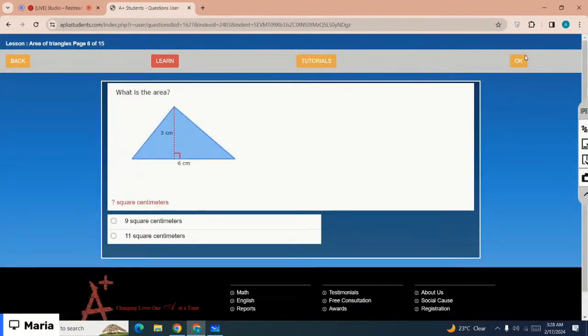The next one is, what is the area? So which is the correct option? You need to use a formula that is half times base times height. So 6 times 3 is 18 and 18 divided by 2 is 9.